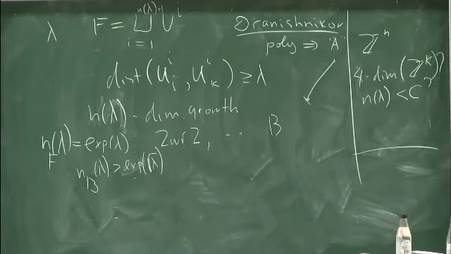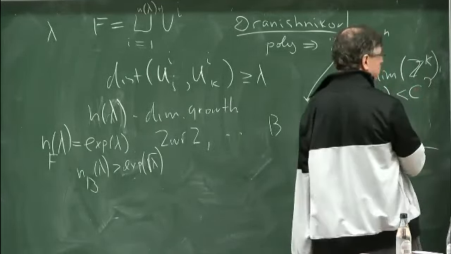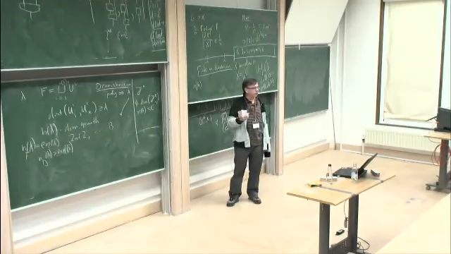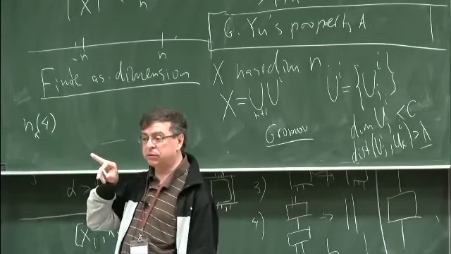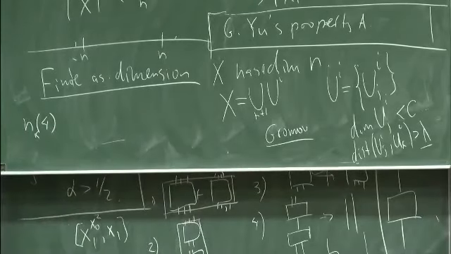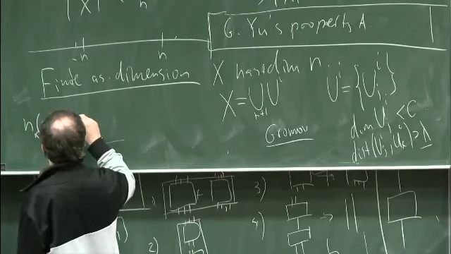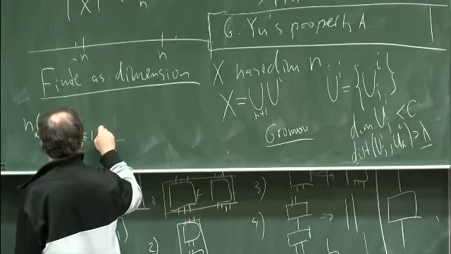What we know is the n of 4 and k of 4, so it's the 4 dimension of z to the power k. 4 means the distance between any two blobs of the same color must be at least 4. So we know that it is greater than k for k smaller than 16.